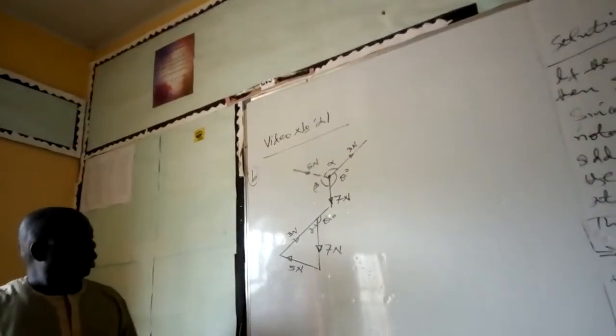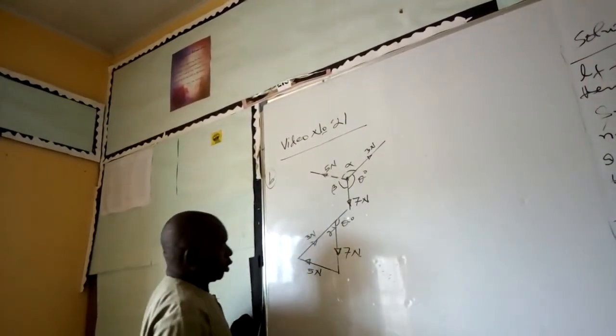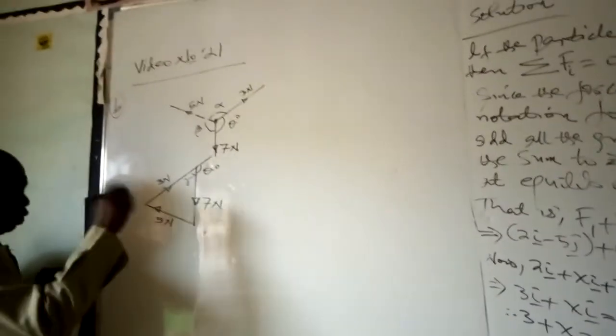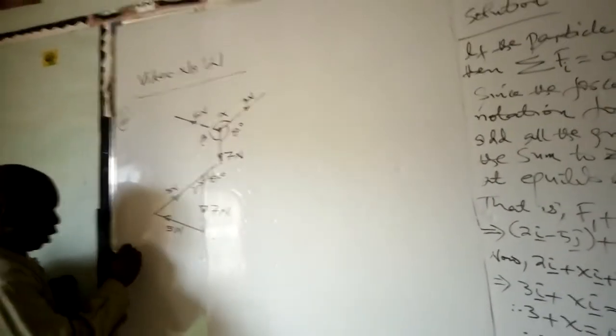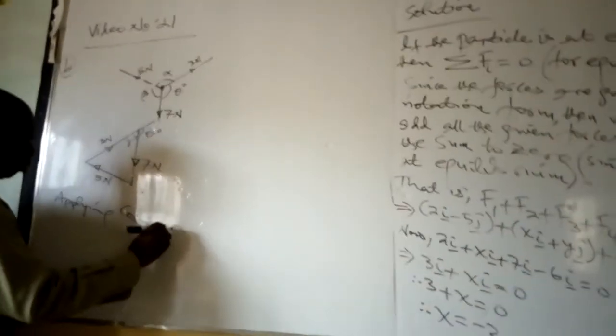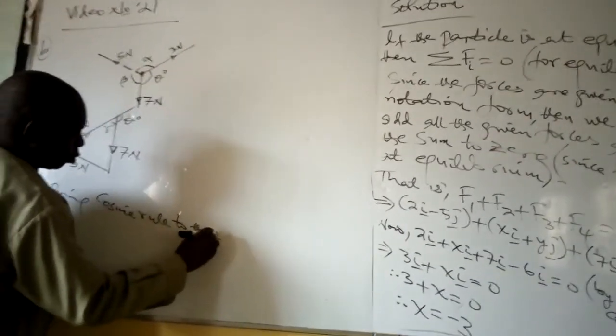So the first way is to find this angle lambda. Here I can apply my cosine rule, since the three sides of the triangle are known.